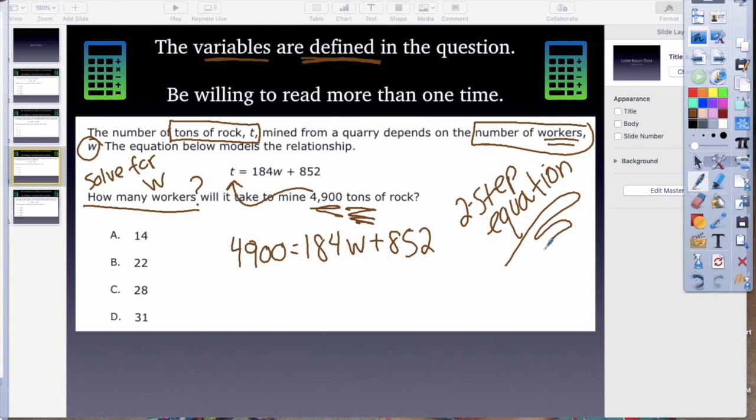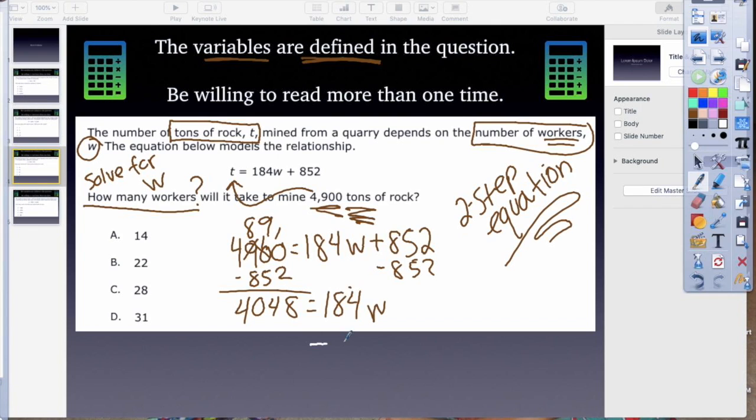In this case, we have to isolate the W to find out how many workers, like the question asks. So we subtract 852 to start working on isolating that W. Make sure you carry and borrow and all that kind of stuff if you're not using your calculator, just like you learned in second and third. We got 184 times the workers, so we divide by that exact same number.